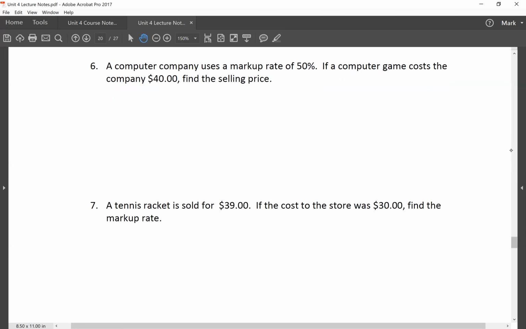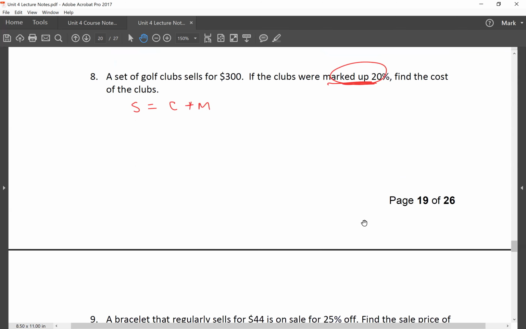So sorry, I hit the space bar. What I'm going to do first is come up with an equation for the markup. The markup is equal to the markup rate times the cost. I'm just using shorthand because I don't want to write everything, and for cost, I'll just say C. Keep life simple. So the markup is going to be 20% or 0.20 times my cost.